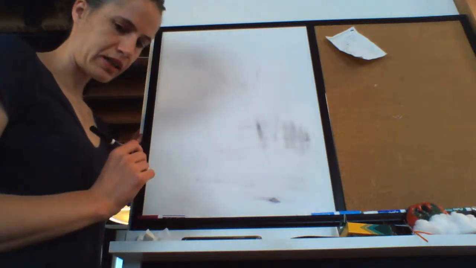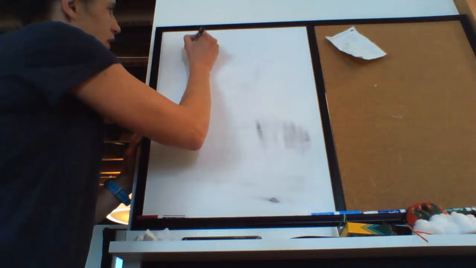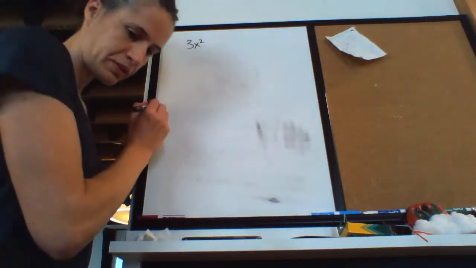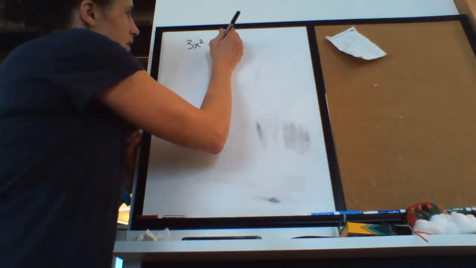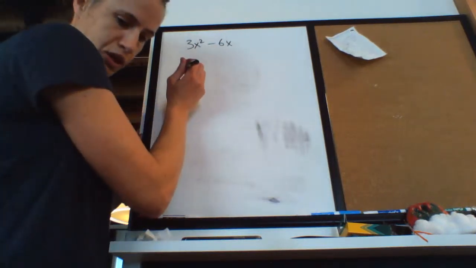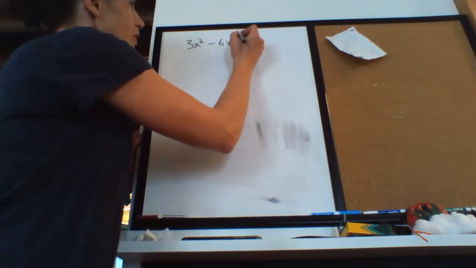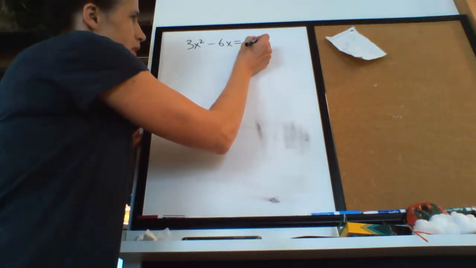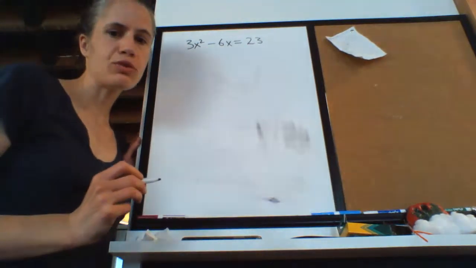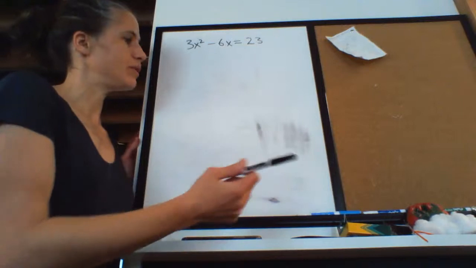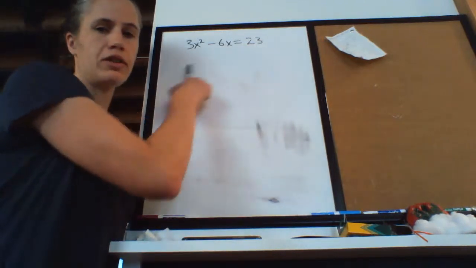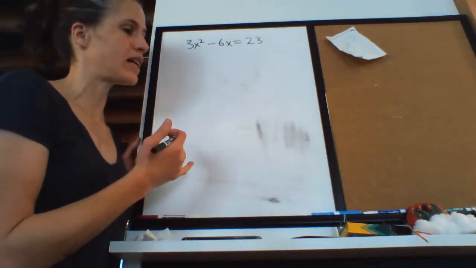All right, 3x squared minus 6x equals 23. All right, so with this one, the very first thing I want to do, anytime you use the quadratic formula, you need to get everything on one side of the equal sign.